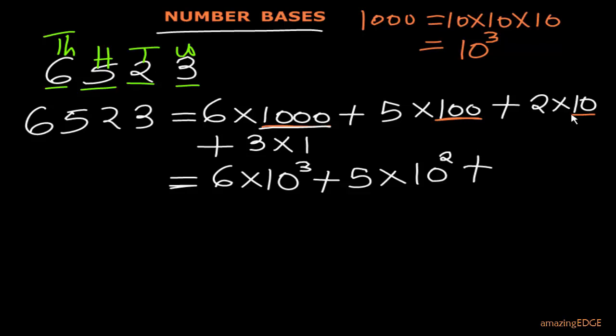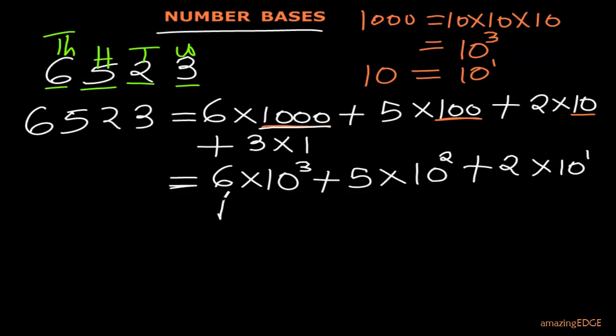You remember again the law of indices, that any number raised to power 1 is that number itself. So this 10, I can also write as 10 raised to power 1. So we can now write this as 2 times 10 raised to power 1.